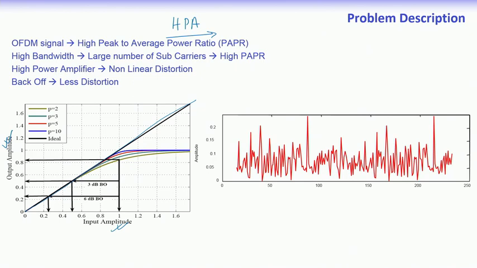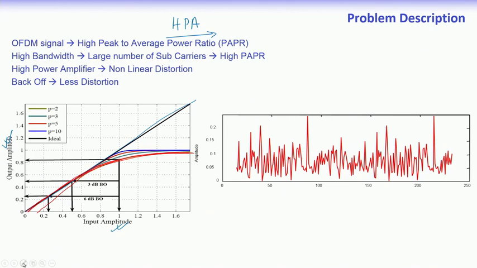But in all practical systems, the characteristics of the power amplifier are not linear, rather they are non-linear. The way I am tracing one of the curves is kind of non-linear. One would desire that the signal is operated at as high input power as possible, because the amplifier at higher input power operates with higher efficiency, and if it operates at a back off, then the efficiency of the power amplifier is less.